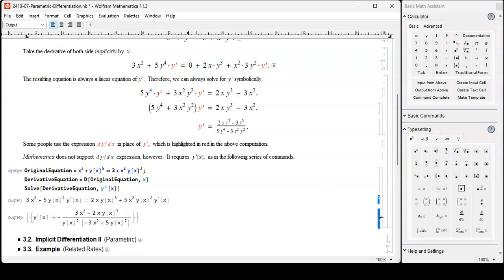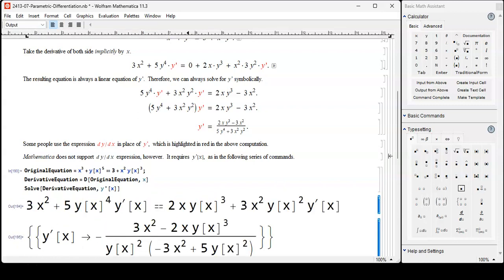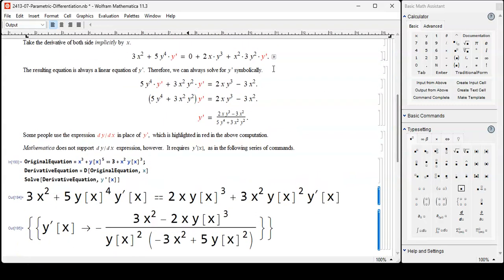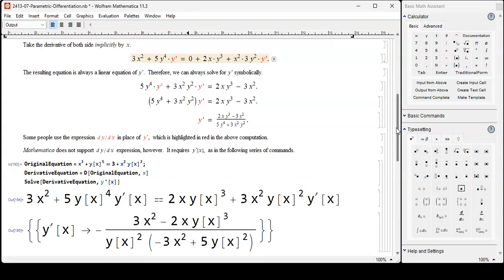Let me expand these. And please note that the first outcome is the same as this implicit differentiation we did manually. Yeah, they're the same. Some change of order, but that's it. You see, both addition and multiplication are commutative, so it's okay. And the second line corresponds to the answer here, y prime.